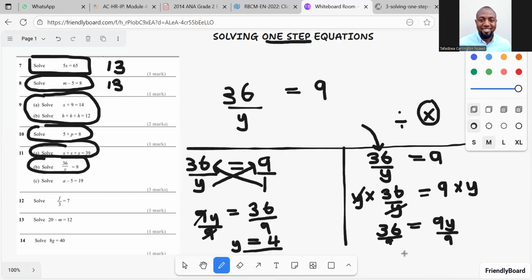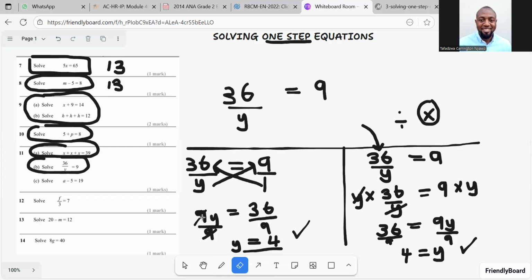So I'm still going to get 4 is equal to y. It's the same answer. So you tell me which way you prefer. Okay, let's move on to the next one.